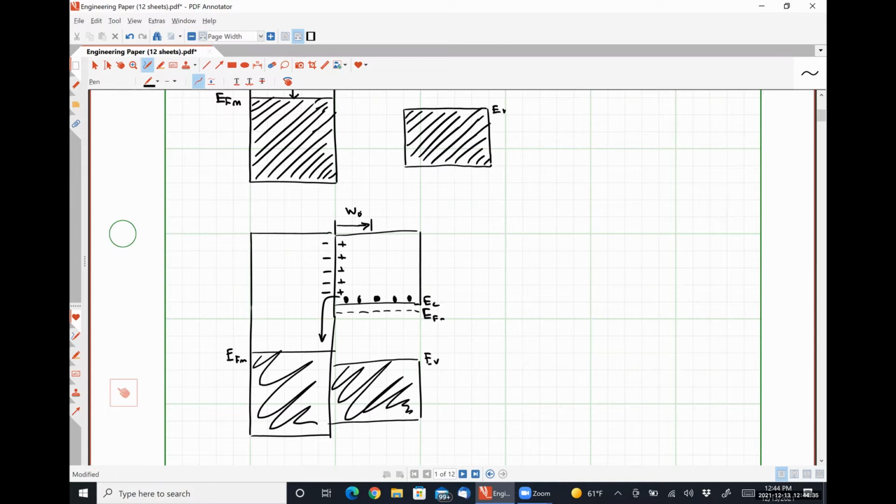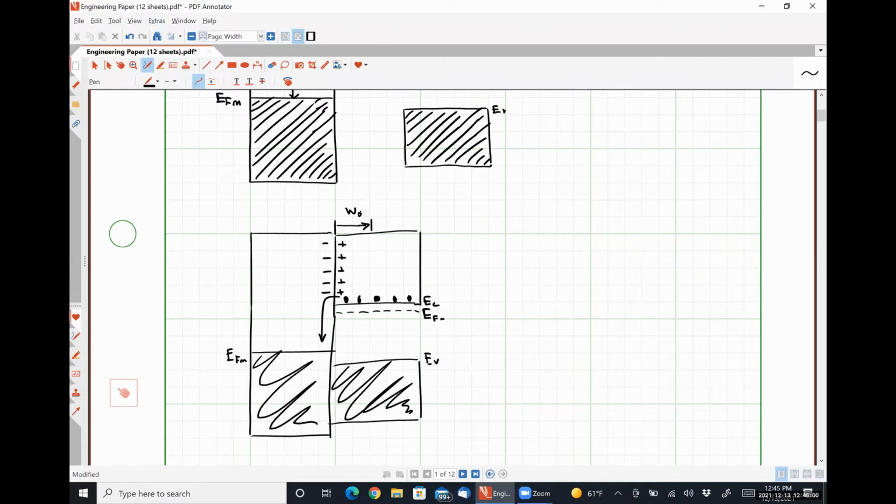And obviously this is going to give rise to a barrier potential, an electric field, and all that kind of good stuff, just like we observed in our PN junctions, except that, as I mentioned a moment ago, the depletion region is going to extend only into the semiconductor material, because it's the material that's actually resistive, right?